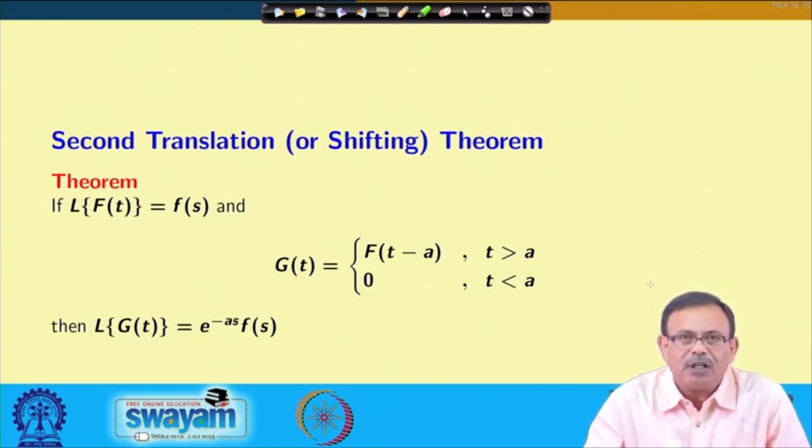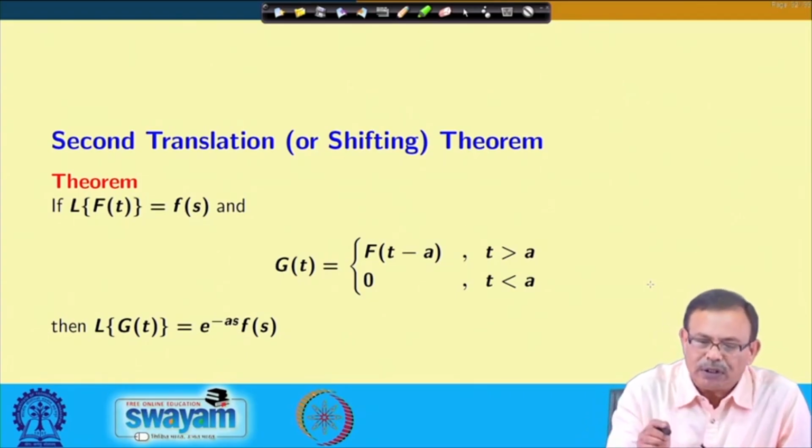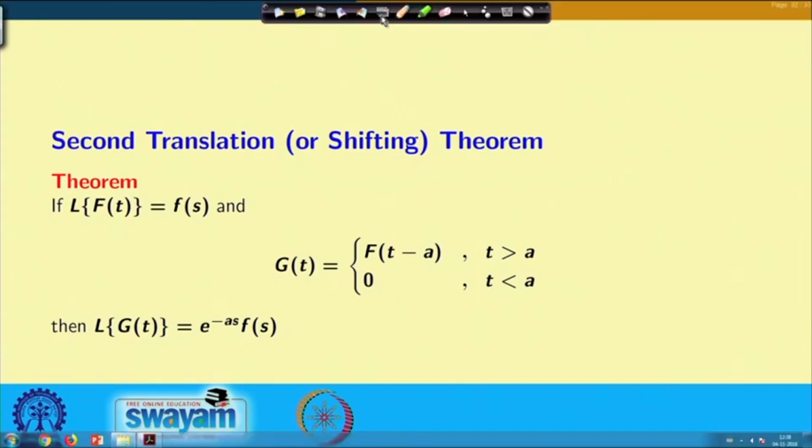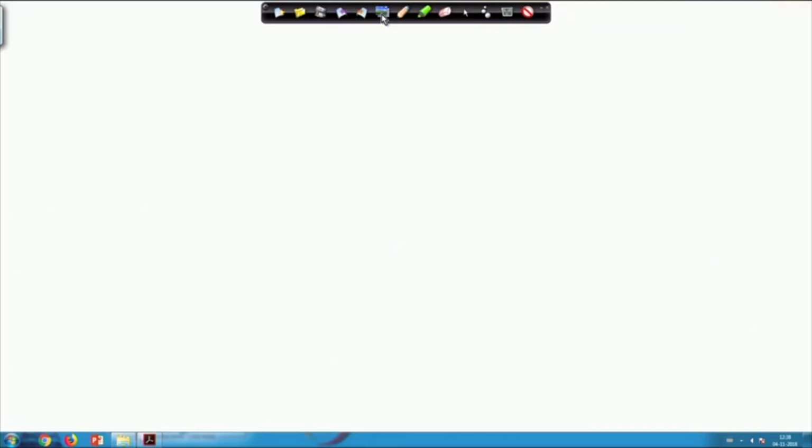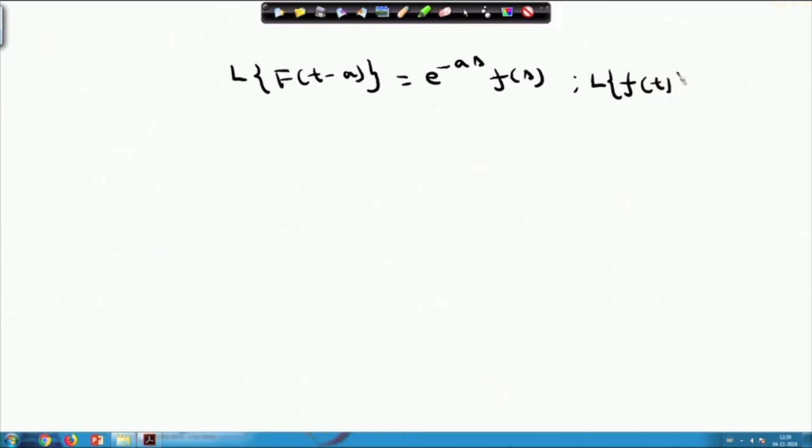In other words, I have to prove that the Laplace transform of f(t - a) equals e^(-as) F(s), when I know that the Laplace transform of f(t) equals F(s).